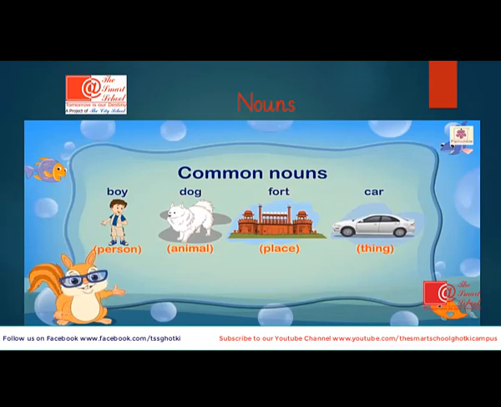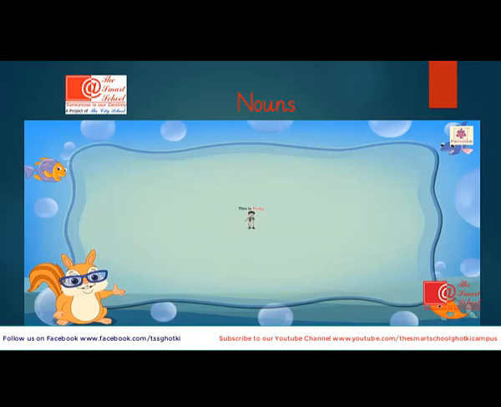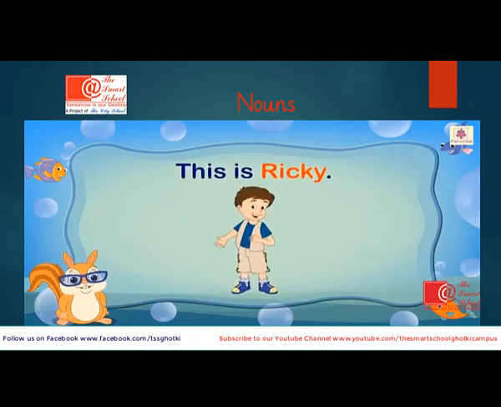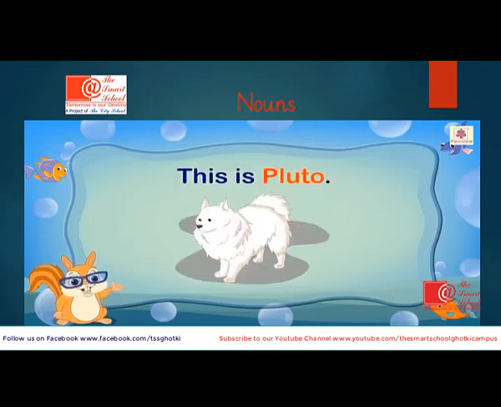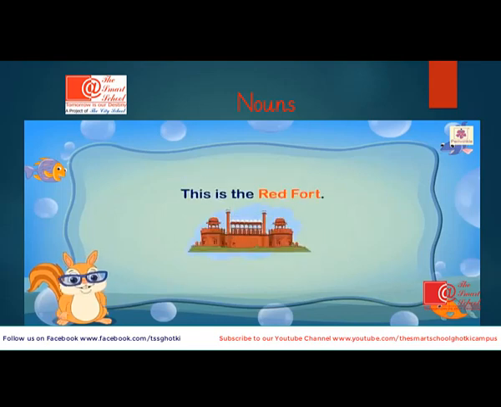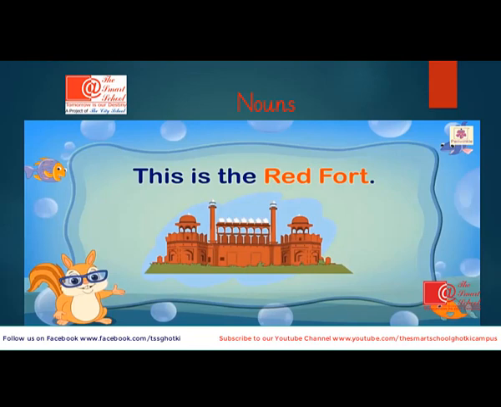Now, let us give special names to these common nouns. So we can say, this is Ricky. This is Pluto. This is the Red Fort.